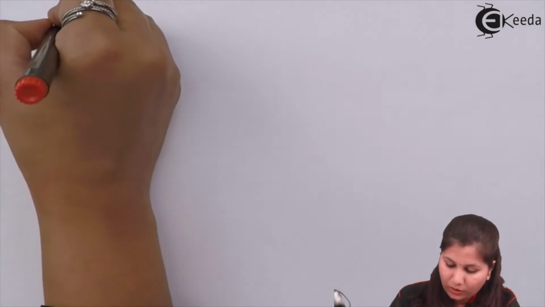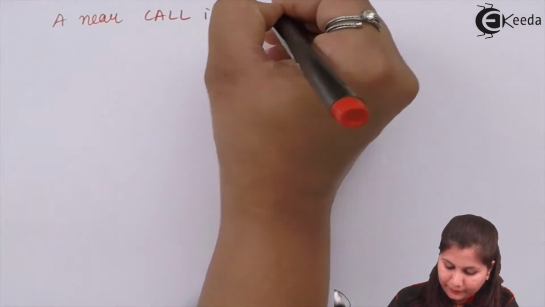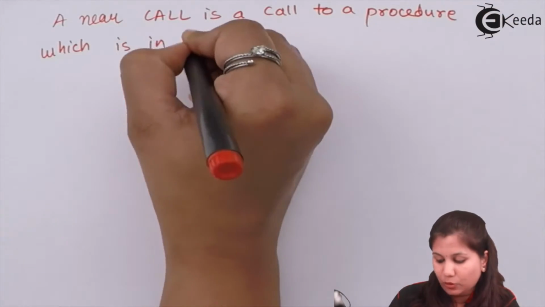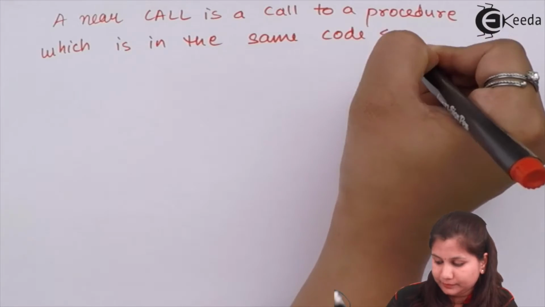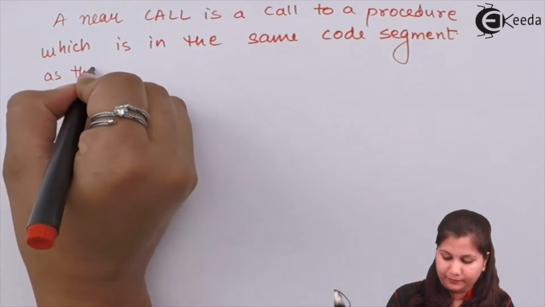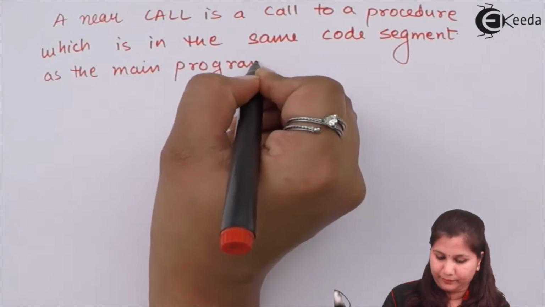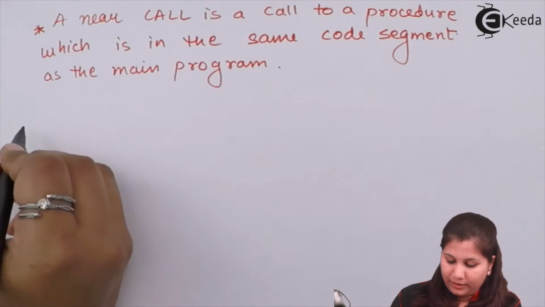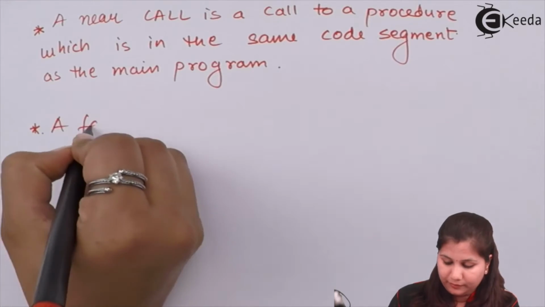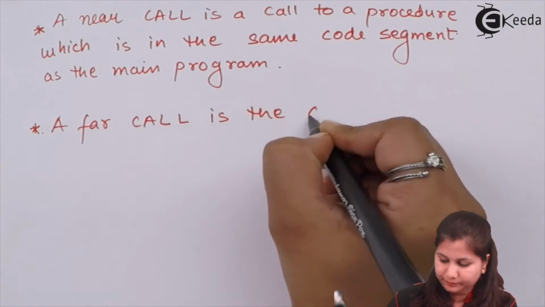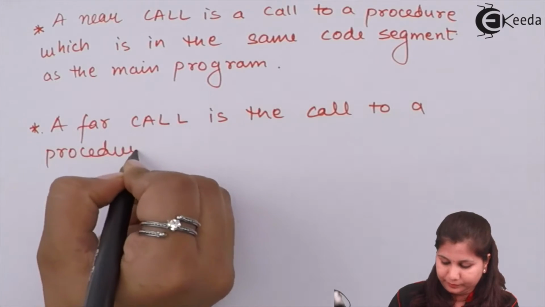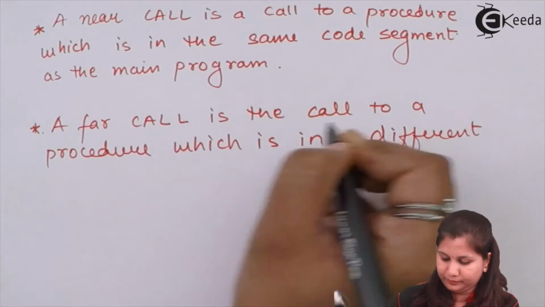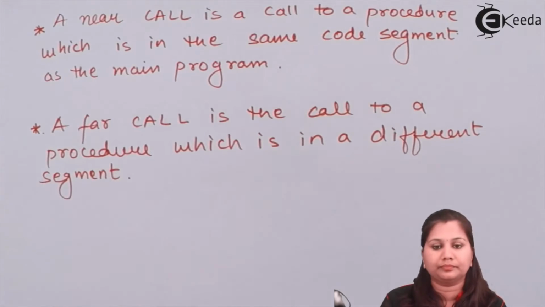A near call is a call to a procedure in the same segment. Far call is a call to a different segment.